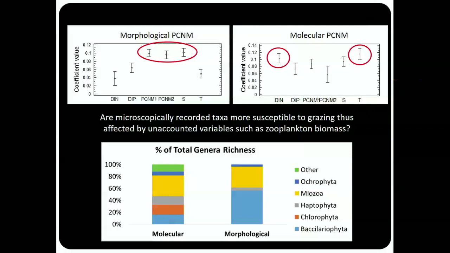And on the other hand, taxonomic groups that were seen by the molecular approach, such as the ochrophytes, the haptophytes, and the chlorophytes, could they be more sensitive to drivers such as dissolved inorganic nitrogen, which tends to be limiting during the summer in the Aegean coastal waters, or temperature?